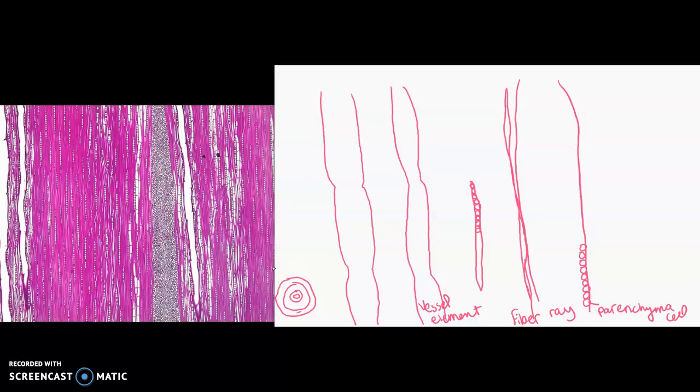So you can see that it does not actually go through a growth ring. It's a potential that you could have gotten a slice there, so you might be able to see one, but there's no way to tell, and it will depend on your particular slice. So you may or may not have early wood versus late wood.